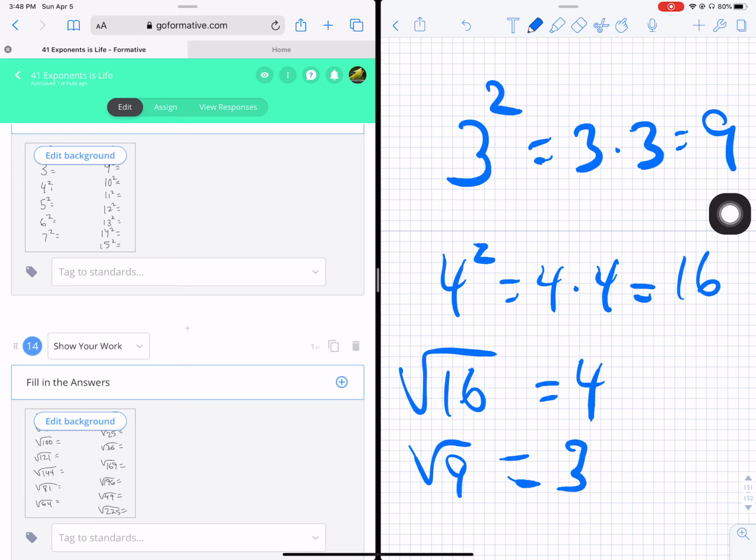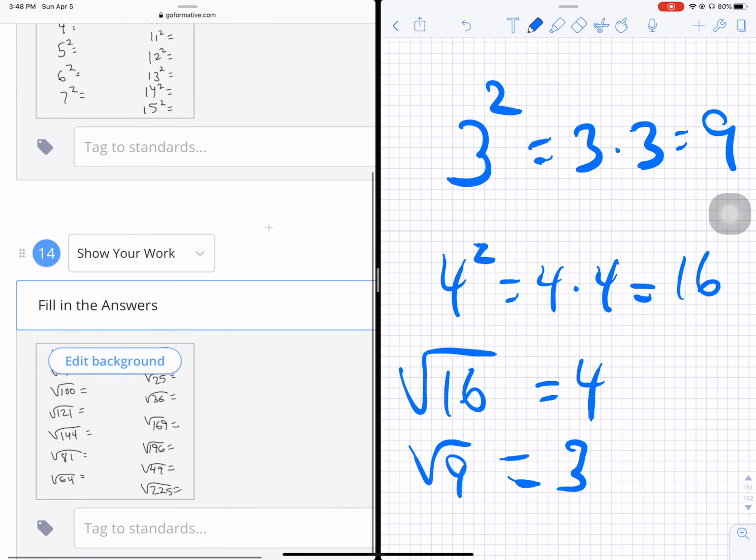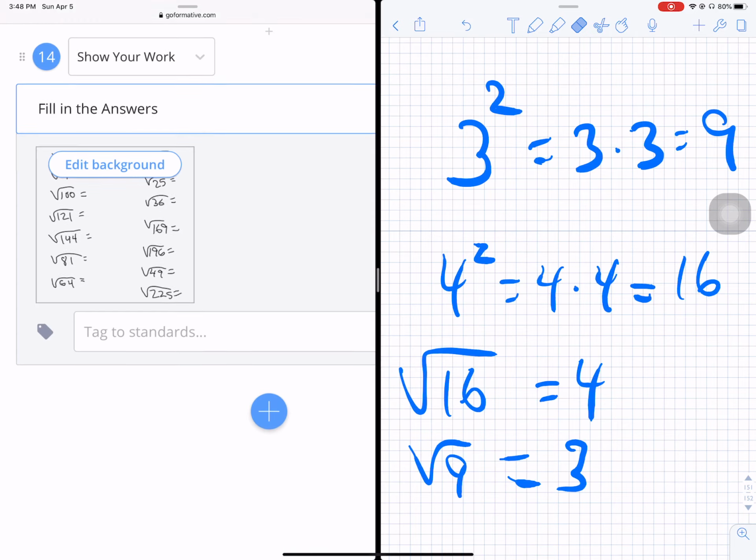So square root is what number times itself gets us that number. And these are pretty big numbers, so if you need to use a calculator, there's no shame in that game. Just grab a calculator and do your square roots. It's okay. So grab your calculator if you need.